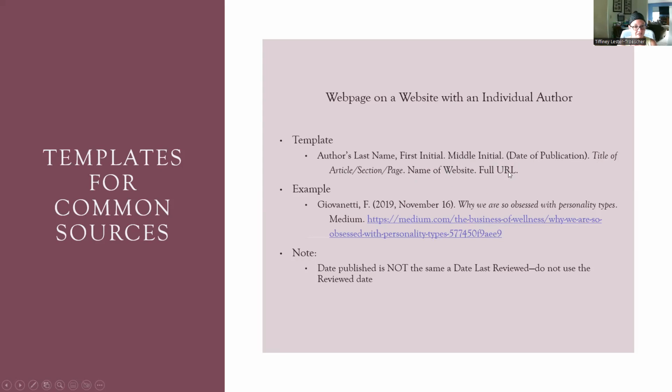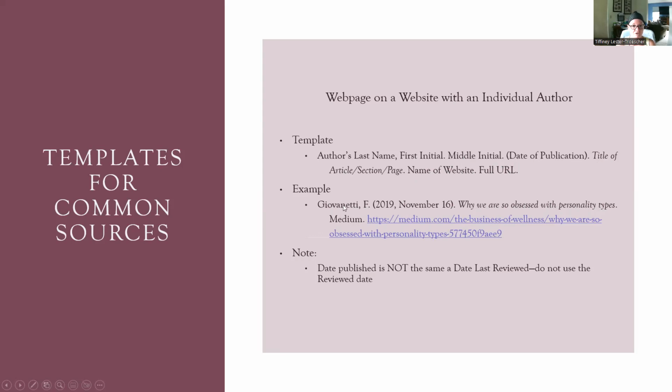All right, so we have this example here. We read this section, this page, why are we so obsessed with personality type? And this web page is part of Medium's website. It was written by F. Giovannetti. So how do we start the entry?